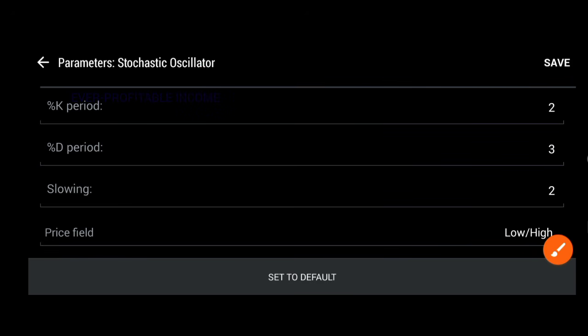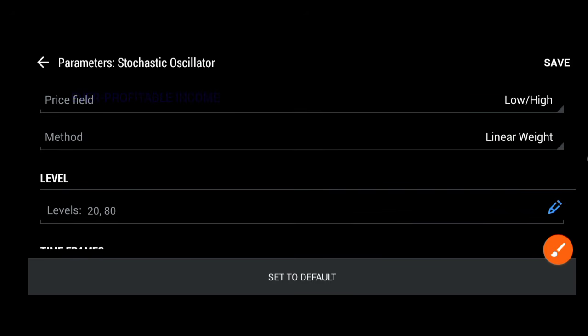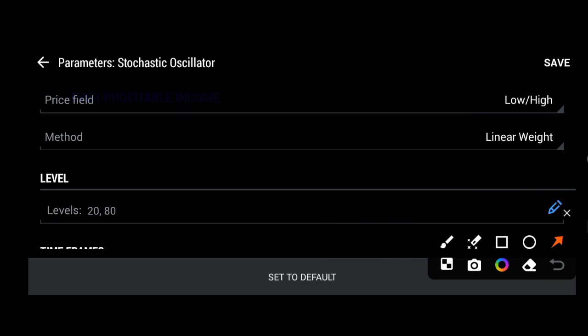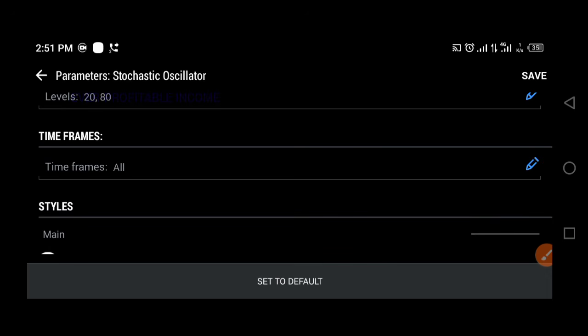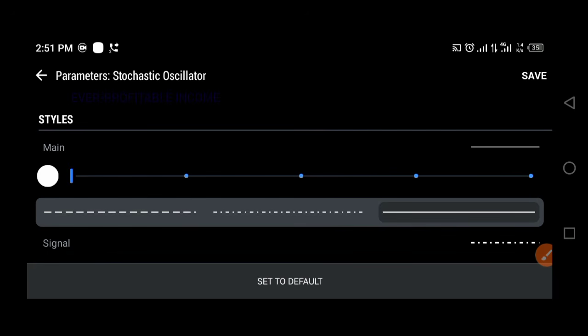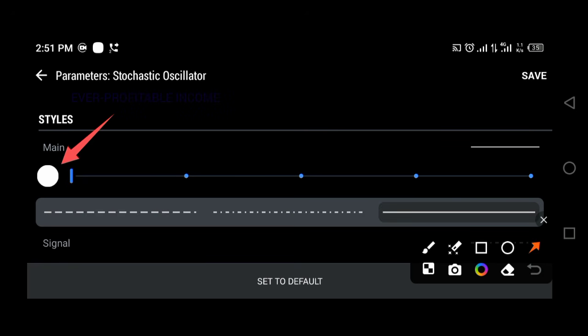Now the price feed should be low, high, and the method should be linear weights. Then we have the levels here, level 20 and level 80. So you apply to all time frame. Now look at the style. The style of the stochastic oscillator should be the same color as your background color.